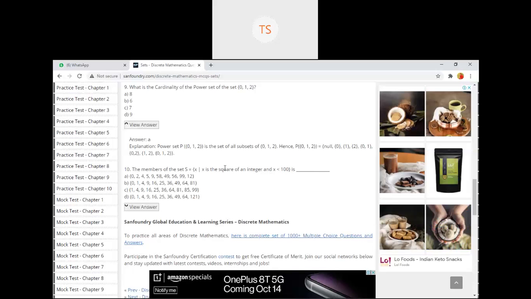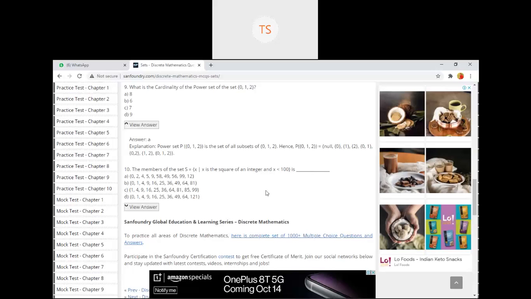We start from 1, then 2 squared is 4, 3 squared is 9, 4 squared is 16, 5 squared is 25, 6 squared is 36, 7 squared is 49, 8 squared is 64, and the last one is 9 squared, which is 81.